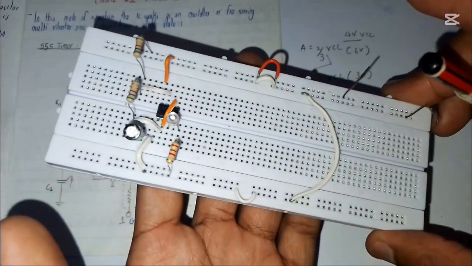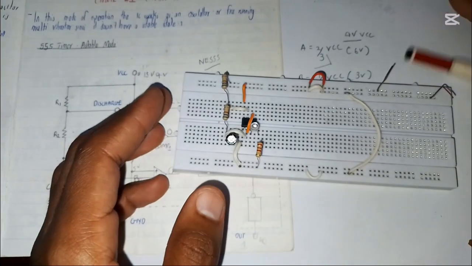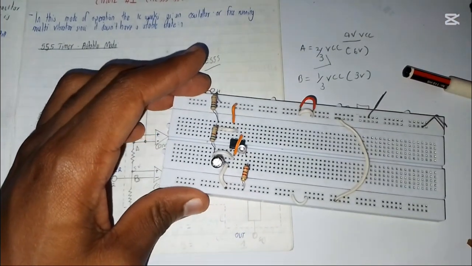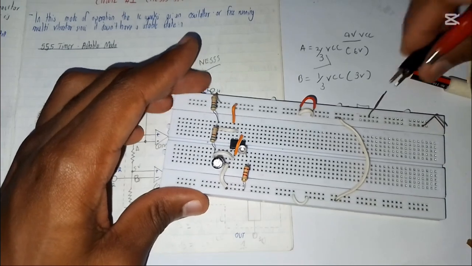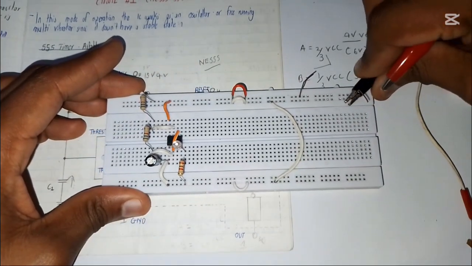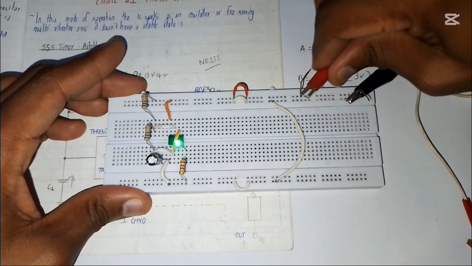So I'm just going to power this, and we are going to check the operation and what really happens inside. So let me just connect. It's not hard, just a simple connection.